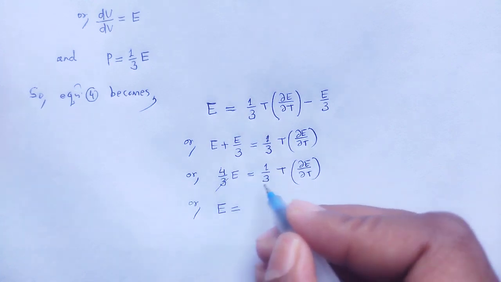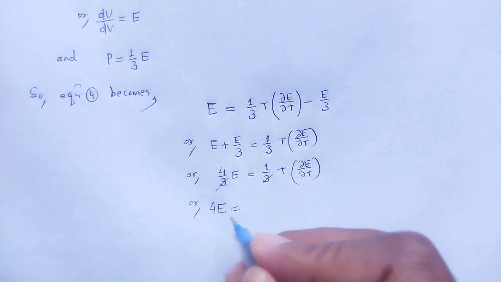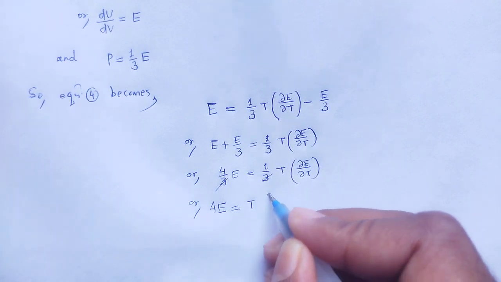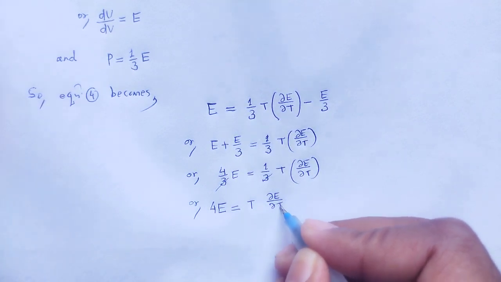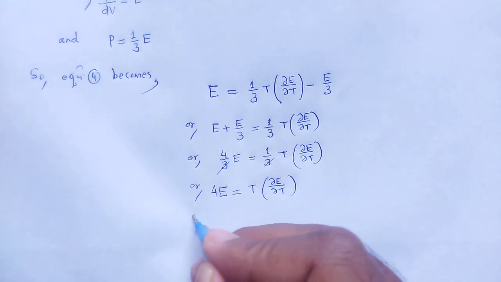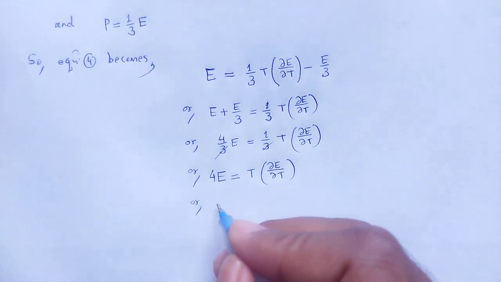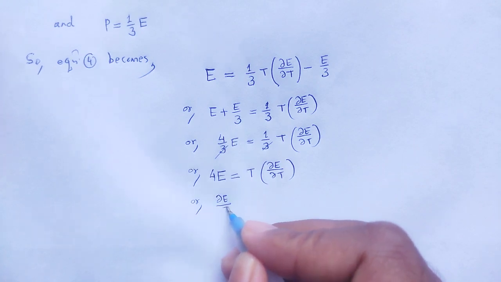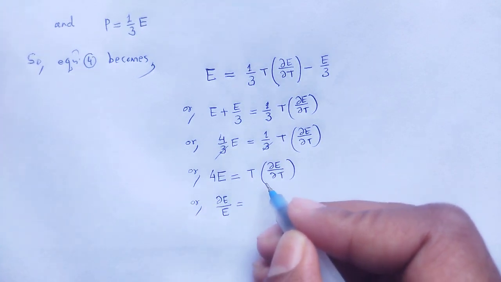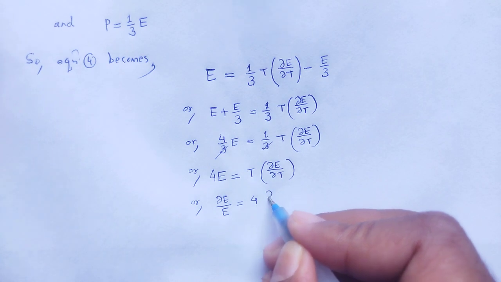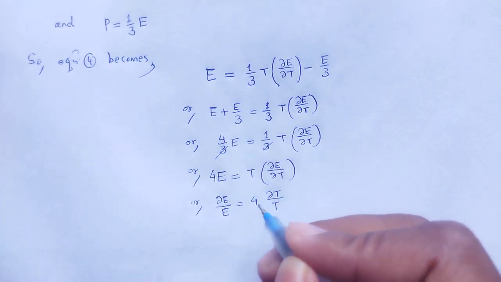First we write it: 4E is equal to T ∂E/∂T. If we rearrange it as ∂E divided by E, it will be 4 into ∂T divided by T.